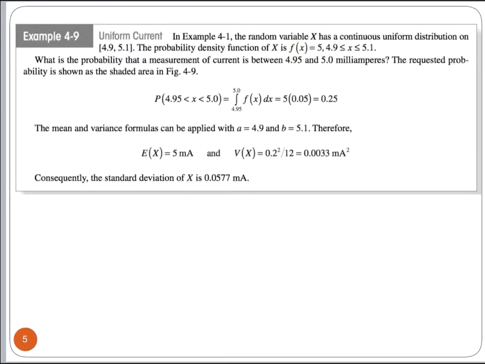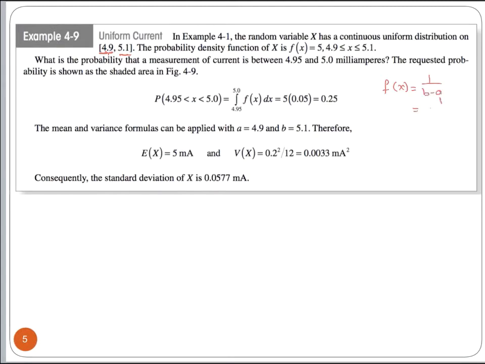Now let's take an example on a continuous uniform random variable. In this example, the random variable x has a continuous uniform distribution on the range from 4.9 to 5.1. Then the probability density function in that case, f of x, is equal to 1 over b minus a, as we learned before.